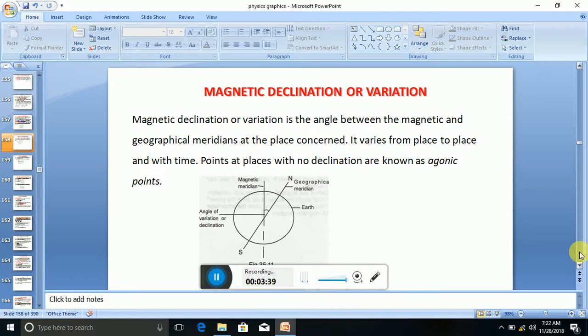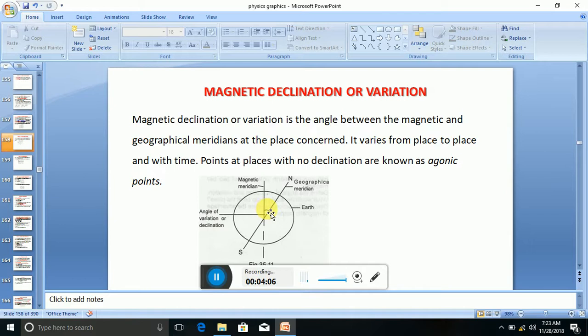Now we look at magnetic declination or variation. That is changes in magnetic field from place to place. Magnetic declination or variation is the angle between the magnetic and geographical meridians. You can see that angle in this diagram. This is the geographical meridian, whereas this is the magnetic meridian.